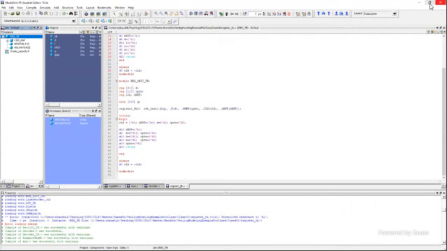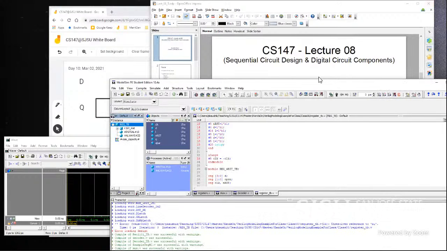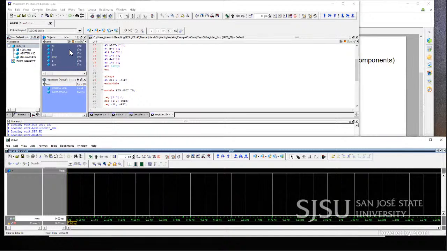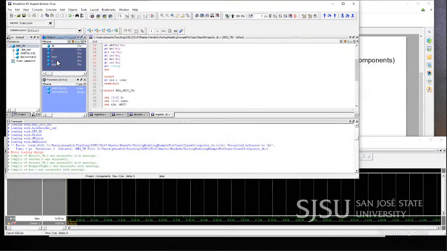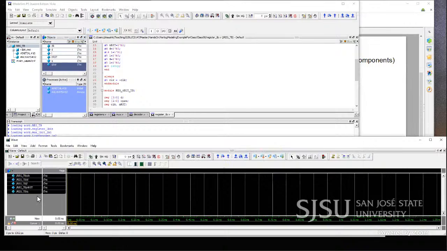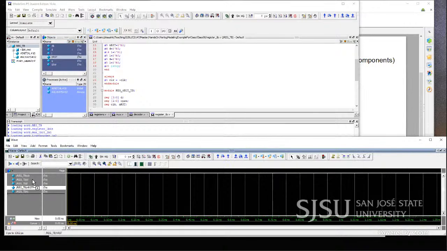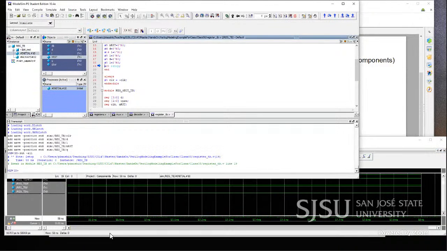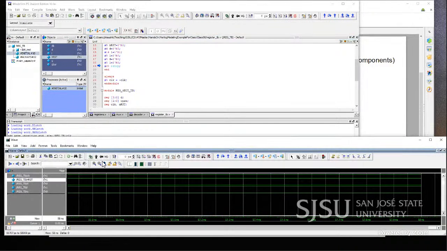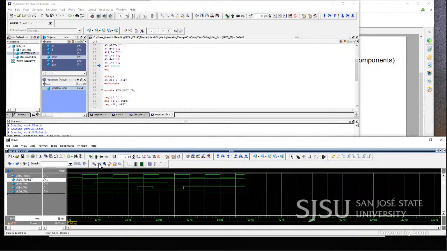Okay, let's add the signals. I think up till Q would be sufficient. Put the reset up, D, L and Q, and we do the simulation. And then let's fit into the window, maybe a little bit smaller. Okay, that will actually help us.